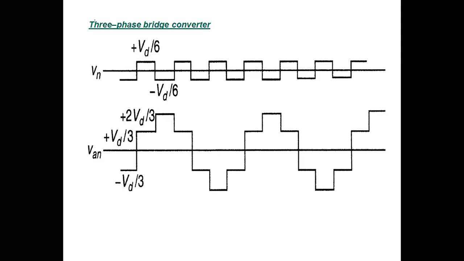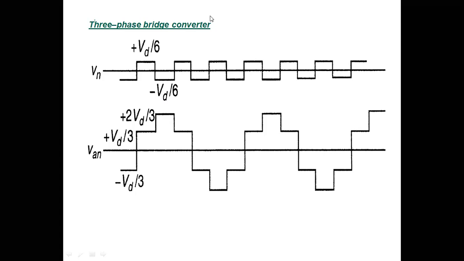So Vd by 2 minus Vd by 6, so that you will get this type of voltage. That's why here you can see that there are 3 pulses in positive and 3 more in the negative.